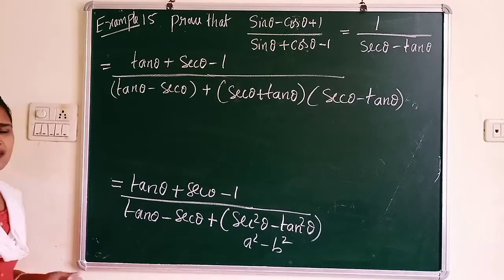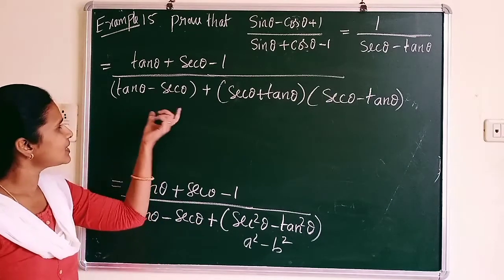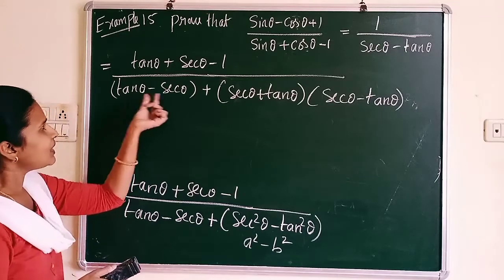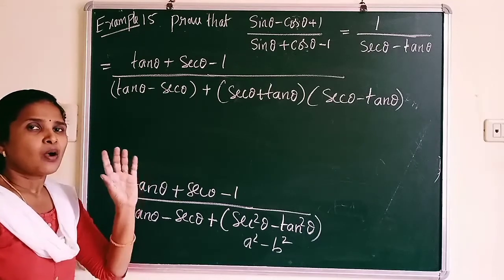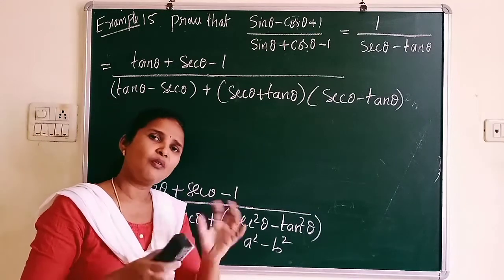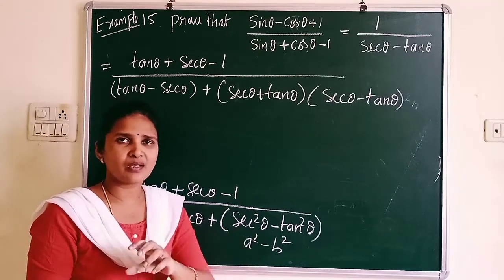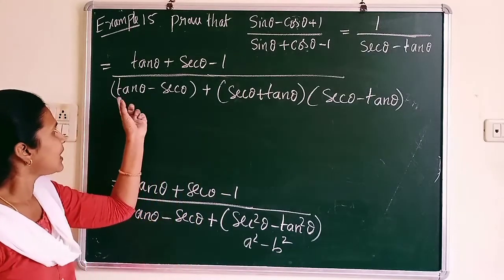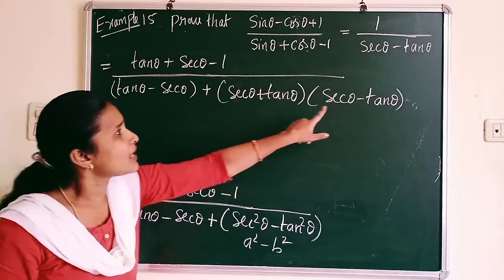Now again, same as what I did in the previous question, I have to take something common in the denominator. What is common? Just observe here, tan minus sec is there. There you had cot plus sec, sec plus cot. If you have a plus sign, however, if it is cot plus cosec or cosec plus cot, both are same. But here you have minus, tan minus sec, sec minus tan.